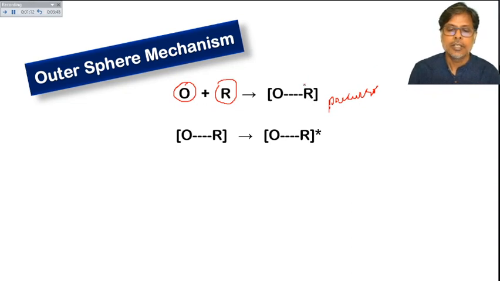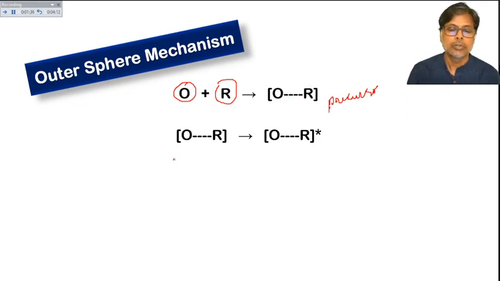In this precursor complex, the distance between the oxidant and the reductant is good enough for an electron transfer to occur. But that's not enough for an electron transfer to happen.